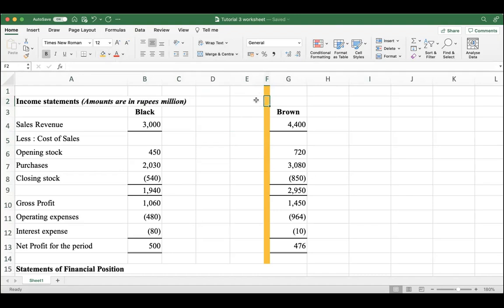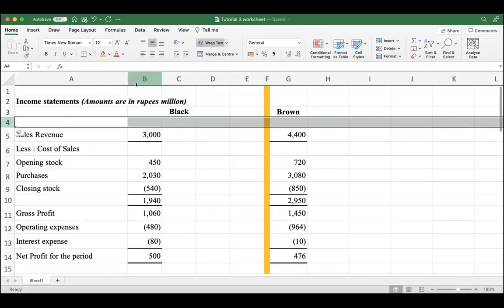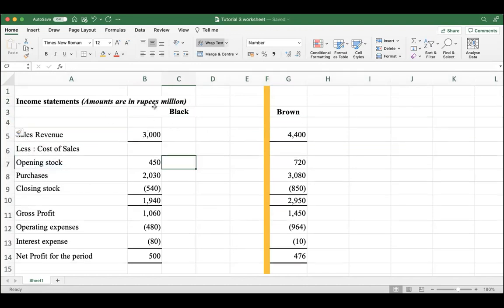From this, you can separate Black's financial statements from Brown's financial statements. So you can prepare your worksheet. This is for Black.